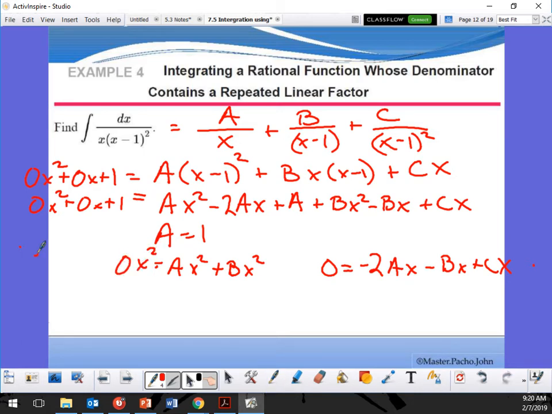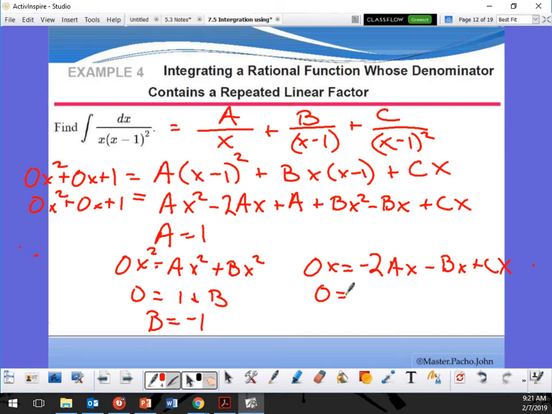All right, so now this one right here. They're all gonna have x squared, so it's gonna be 0 equals 1 plus b. So b equals -1. Same case over here. So 0x. They all have x's, so I can take out all the x's.